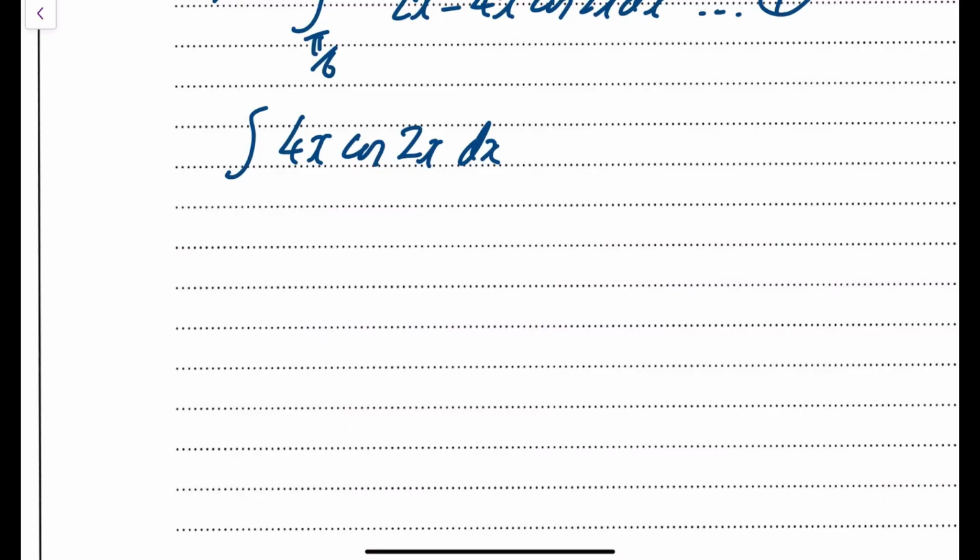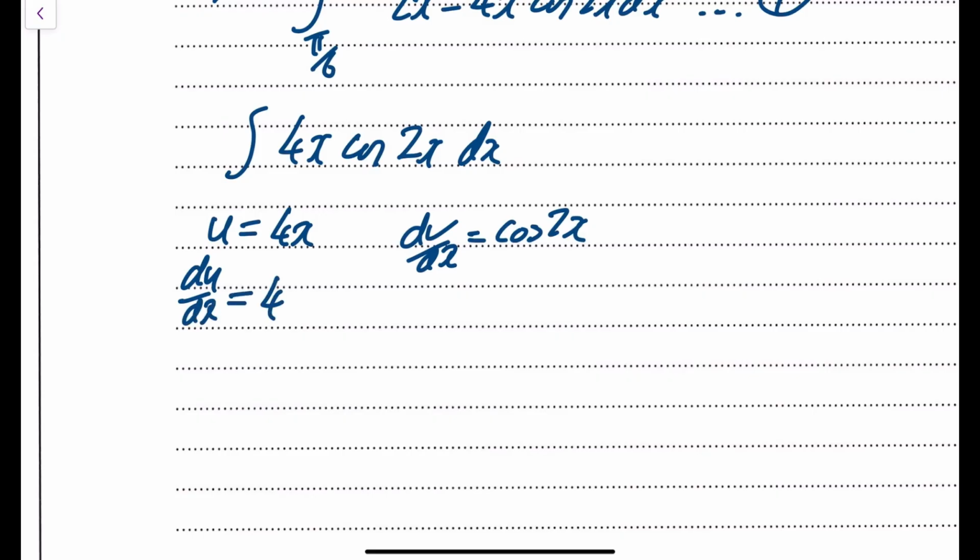Now I'm going to use integration by parts. I'm going to let u equal 4x, and my dv by dx is cos of 2x. So differentiate your u with respect to x, you'll get 4. Integrate your dv by dx, you will get a half sine 2x.